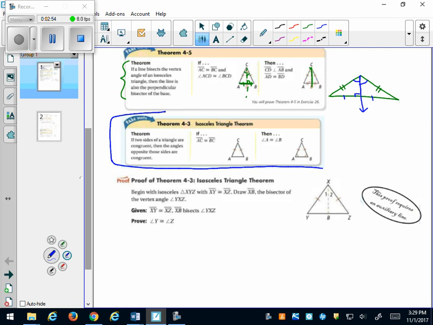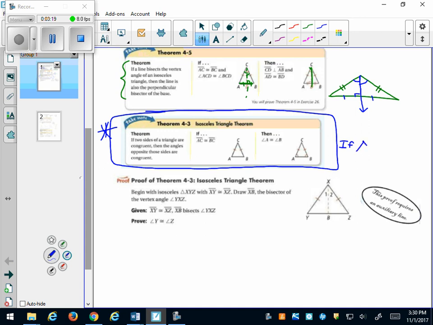Now, this theorem is called the isosceles triangle theorem, and that is mainly the theorem that we're working on here. That theorem says if you have an isosceles triangle, which means two sides are congruent, then the angles opposite those two sides will also be congruent.